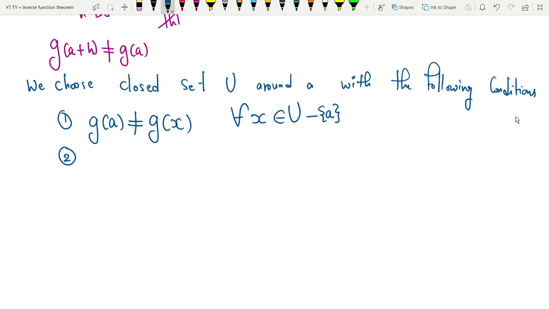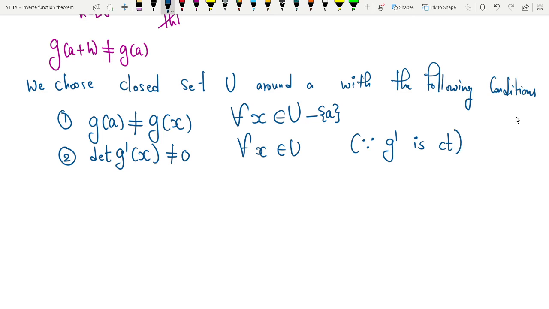Then I can find a neighborhood of it where the determinant is also not equal to 0. So my second condition is that the determinant of g'(x) is not equal to 0 for all x inside U. This is possible since g' is continuous. If it is continuous and at some point it is not equal to 0, I can have a neighborhood around it where it is not equal to 0.